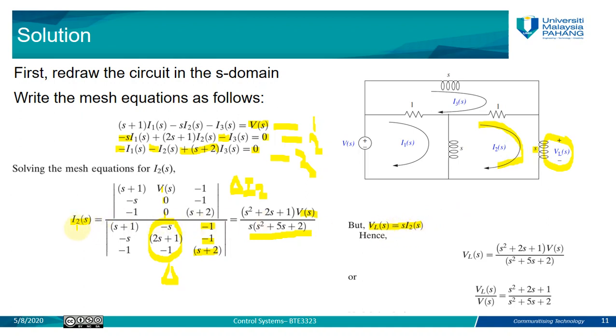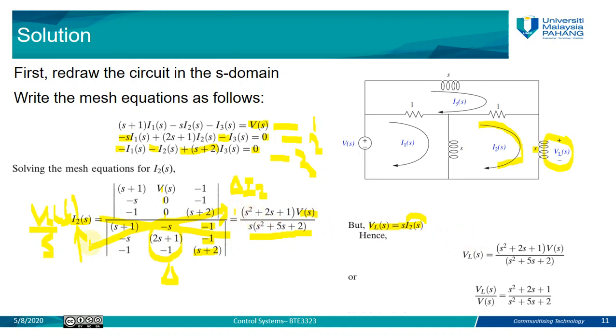Now this I2 here will be replaced by VLS over s, because I have I2 of s here. I2 of s will equal VLS over s, so I will put VLS over s here. Then we divide over Vs, and this will be multiplied by s here.